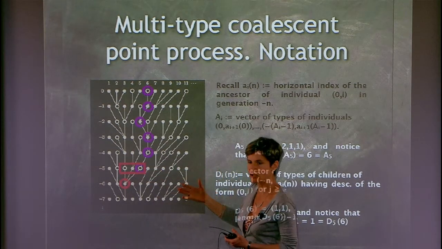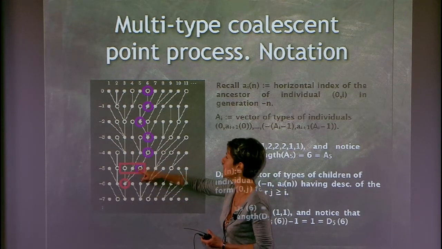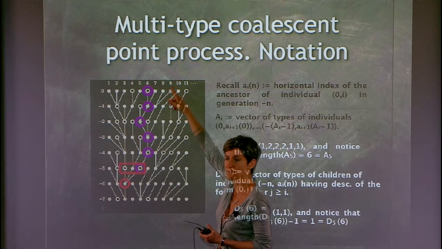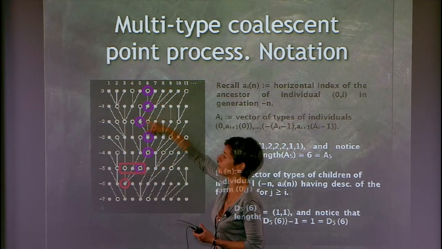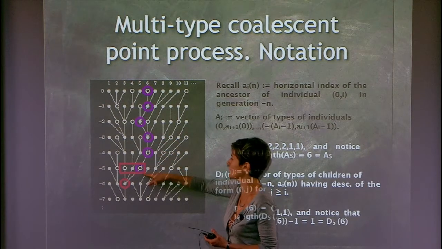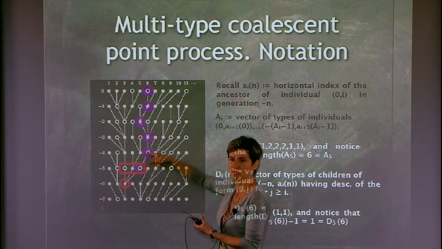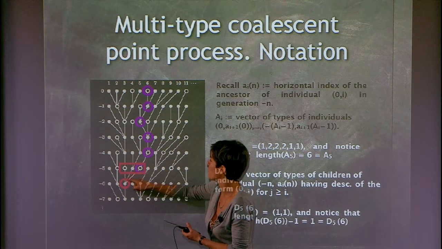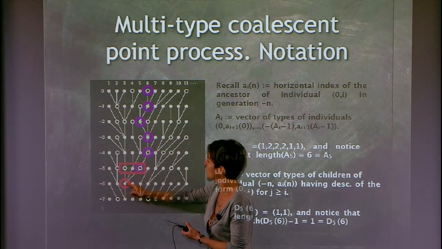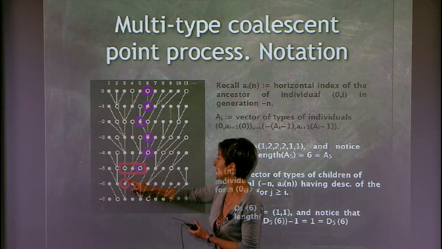Here, I can't really do that. What I have to do is pick a whole spine at once, because how many things I have here depends on what type they are, and I don't know what type they are unless I know what its parent was doing.